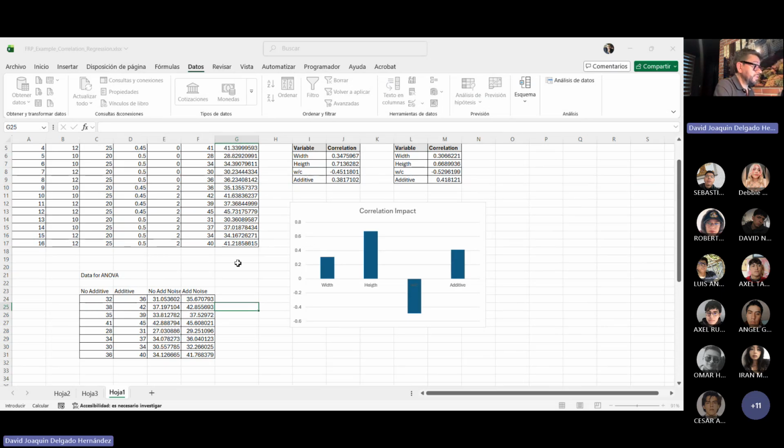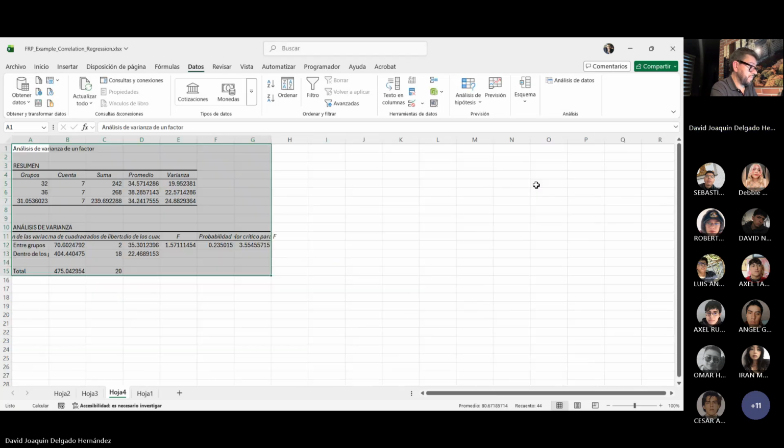And in the range, you can put the data. It is ANOVA with a single factor. And you put it in a new sheet and you press accept. So it gives you a new sheet, Hoja 4.